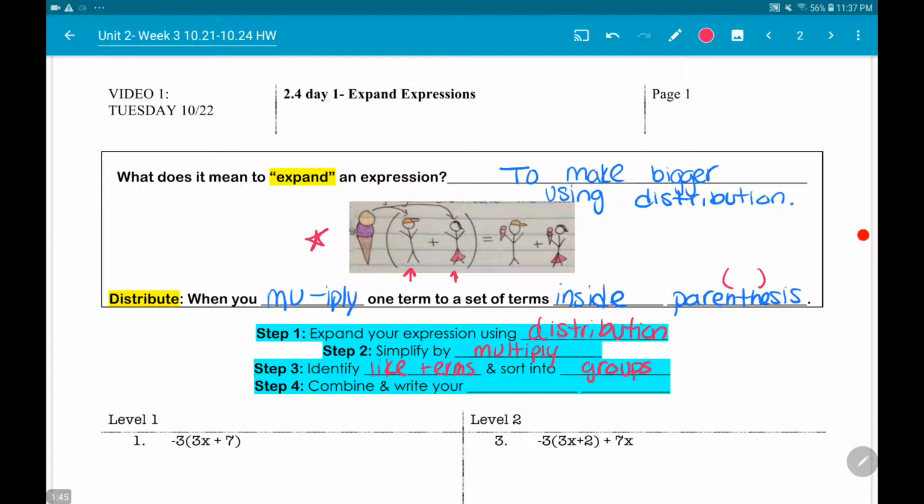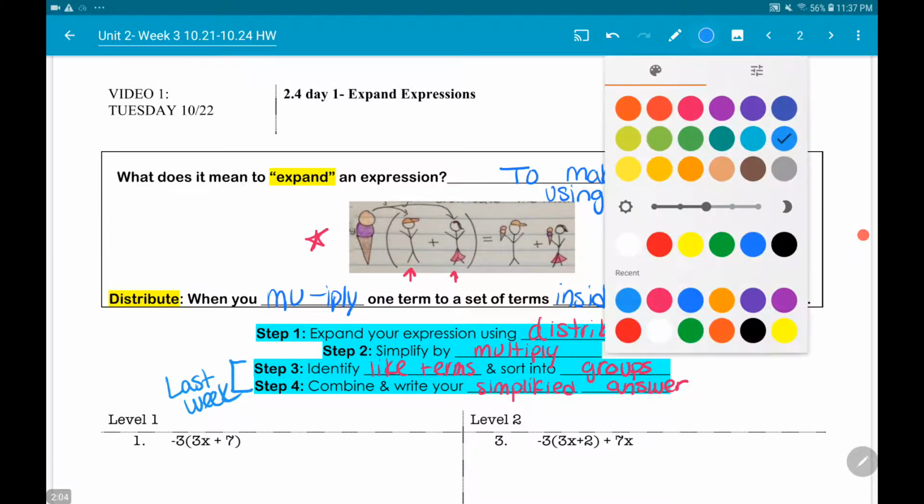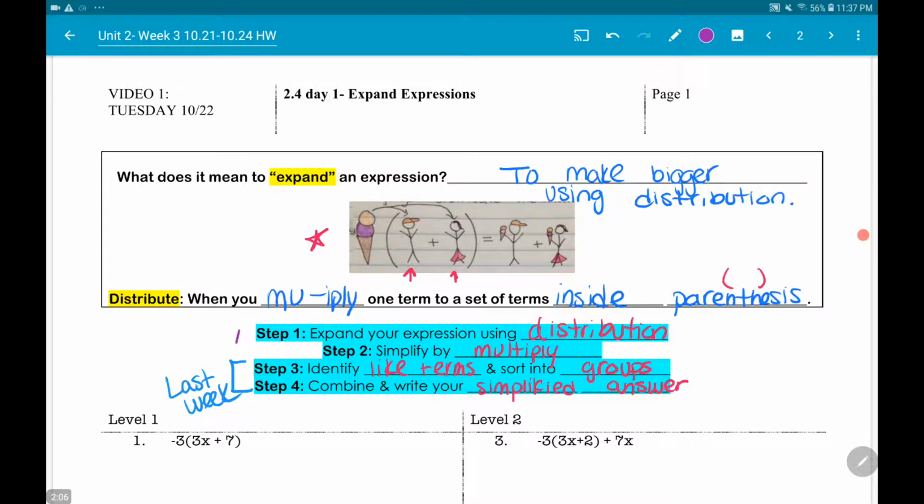That's what we did last week. Then we'll combine and write our simplified answer. This is just what we did last week, and the new part is steps 1 and 2.